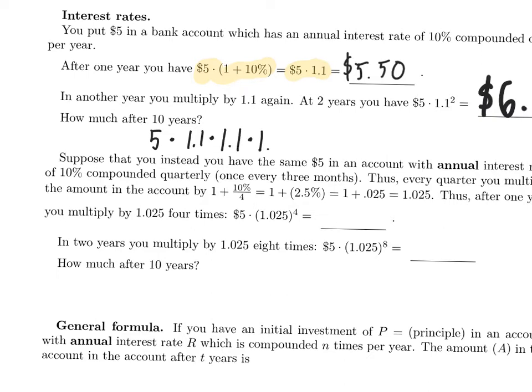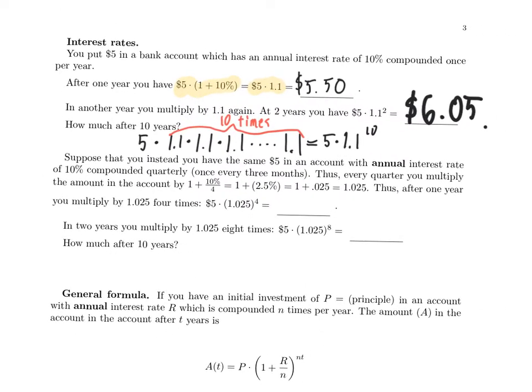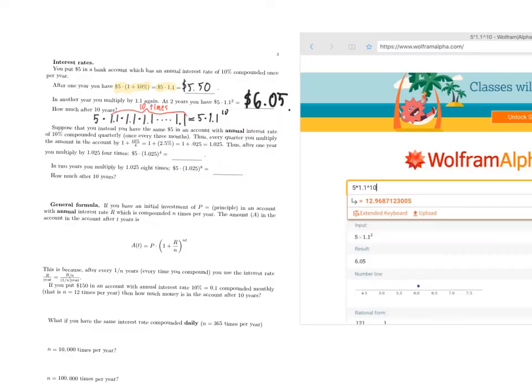After the third year, you'll multiply by 1.1 again, and you'll keep on doing that for each year the money is in the bank. That is a total of 10 times. But I know what that means. That is just 5 times 1.1 to the power 10. And again, I'll resort to this online computational aid to allow me to do that. I'll do that and be back in a second.